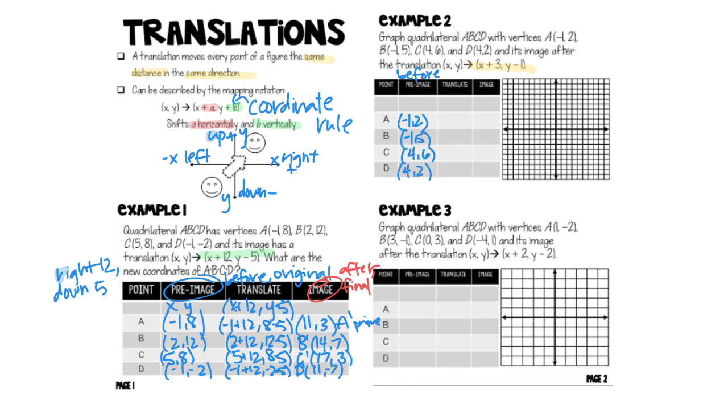And I'm actually going to go ahead and graph those. So negative 1, 2 is right here. That's point A. Negative 1, 5 is here. Point B. 4, 6. C. And D, 4, 2.